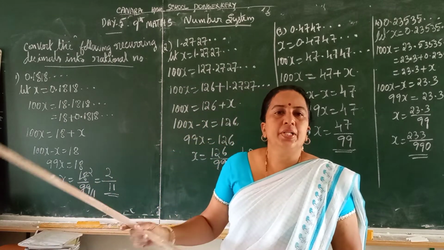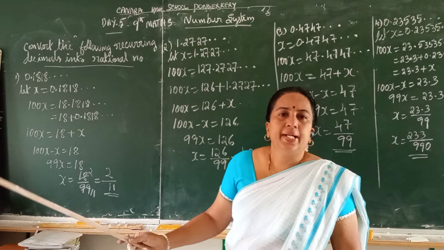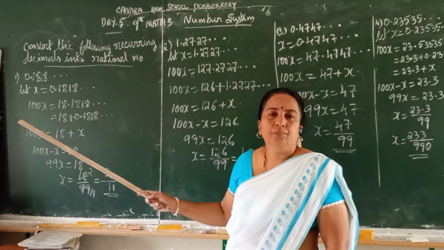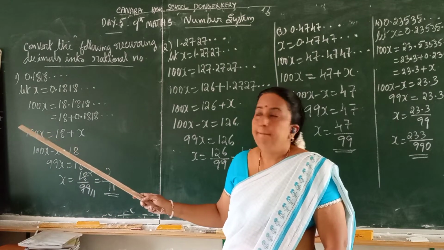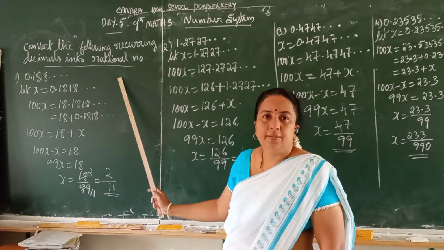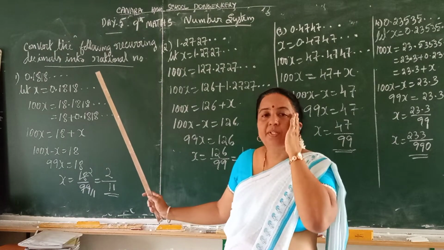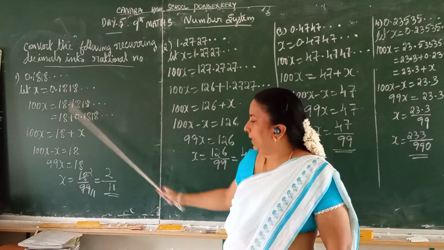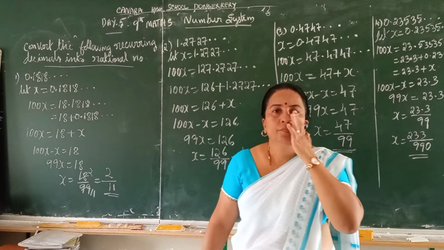You can give continuous numbers or write Roman numerals 2 or 3. Convert the following recurring decimals into rational numbers. Copy the question: 0.1818.